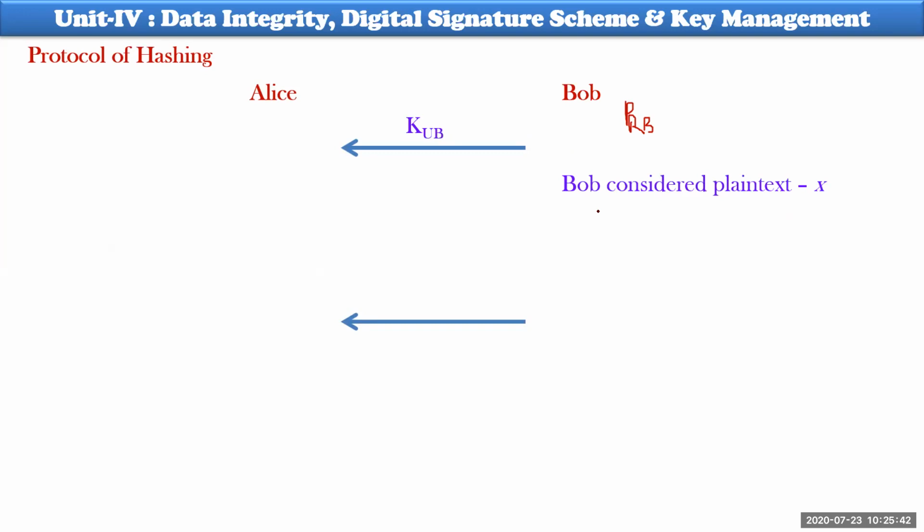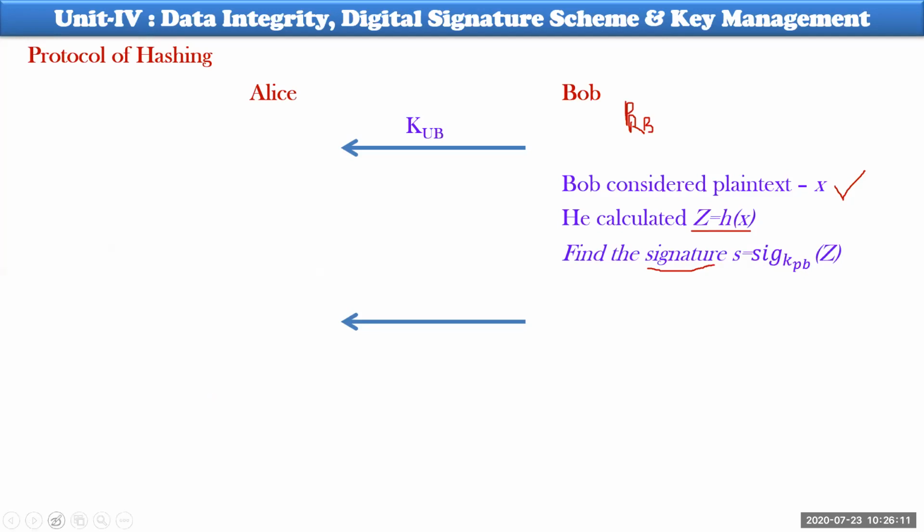Afterwards, Bob considers some plain text, whatever it might be, and calculates the hash of that plain text, which will be capital Z. After taking this capital Z, he finds the signature by using SIG with K private key, the private key of Bob here. I have written it somewhat wrong here. Let me write it in a proper way.